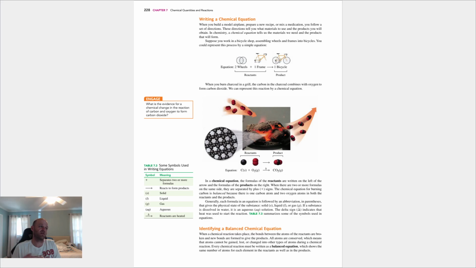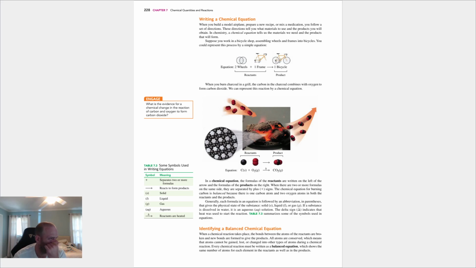It's not a great example because we could be taking the bike apart. The reactant could be the bike itself, and then I break it down into two wheels so I can sell it off for parts. Now my products are the wheels and the frame. So it can go both ways. It's really just based on which side they're set up on.